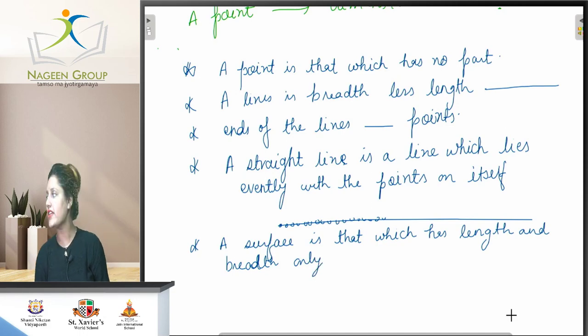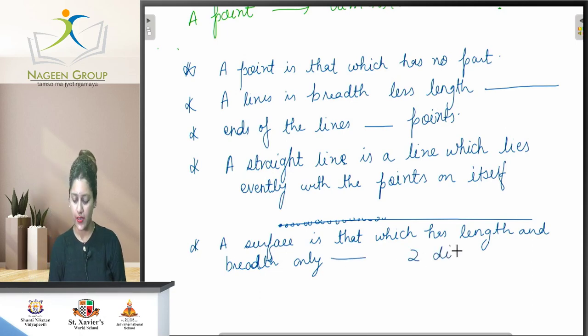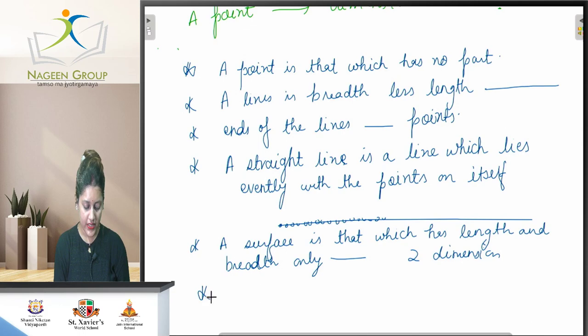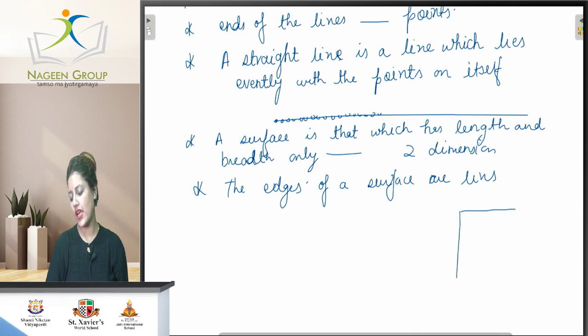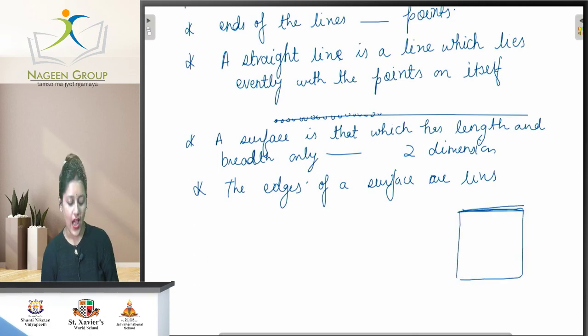A surface has only length and breadth, it doesn't have height, that's why it is only two-dimensional, having only length and breadth. After that, the edges of a surface, edges means kinare, are lines. If there is a diagram, these edges are lines.